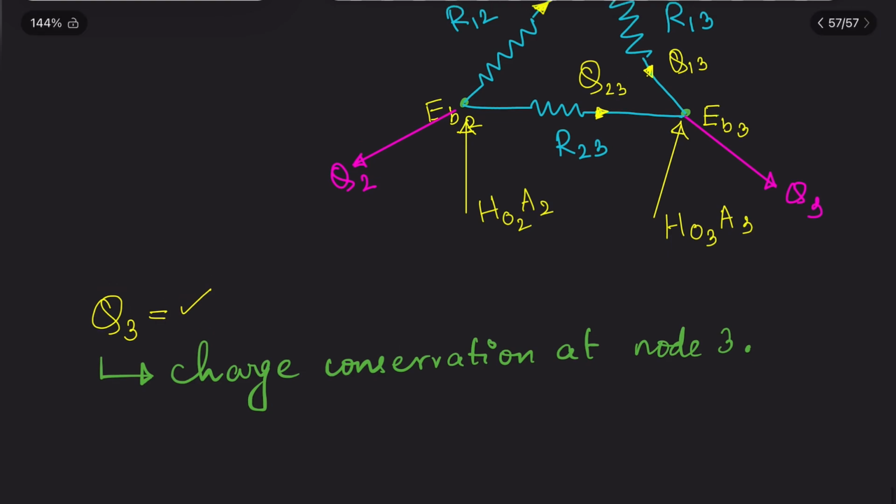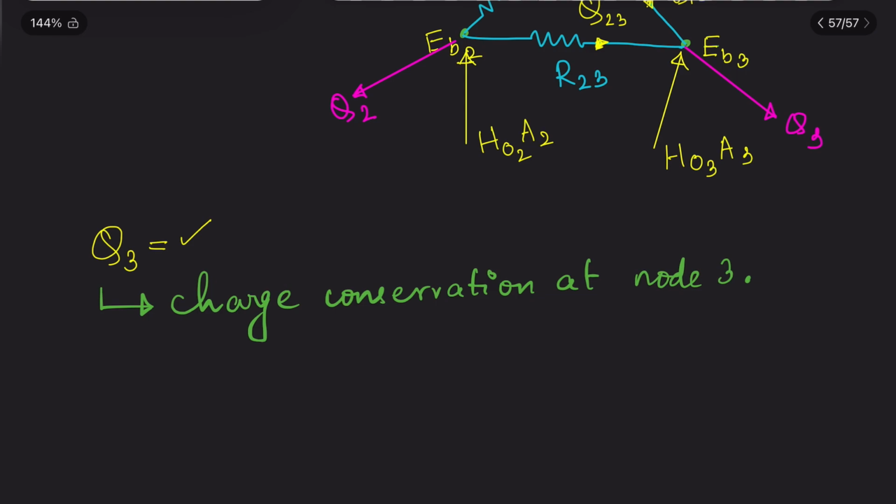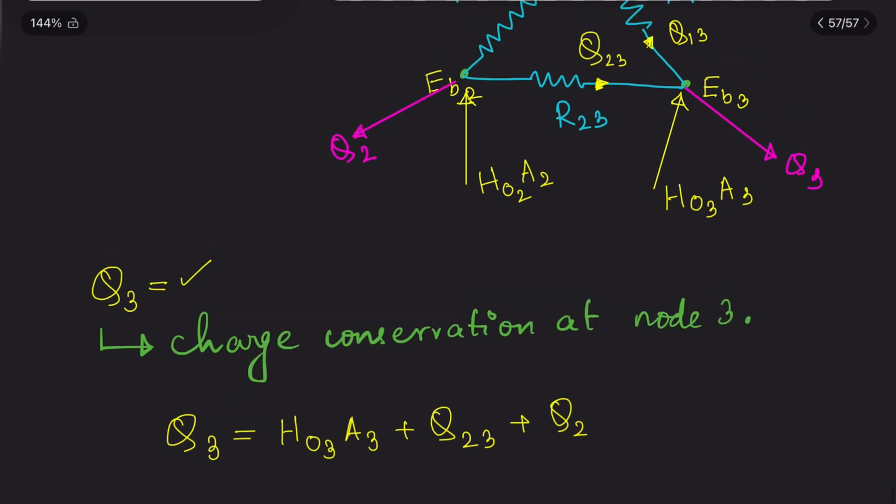So at node 3, the summation of everything entering is equal to the summation of everything leaving. Here this is entering, this is entering, this is entering, so those will be equal to Q3. So we directly get that Q3 is equal to HO3 A3 plus Q23 plus Q13.